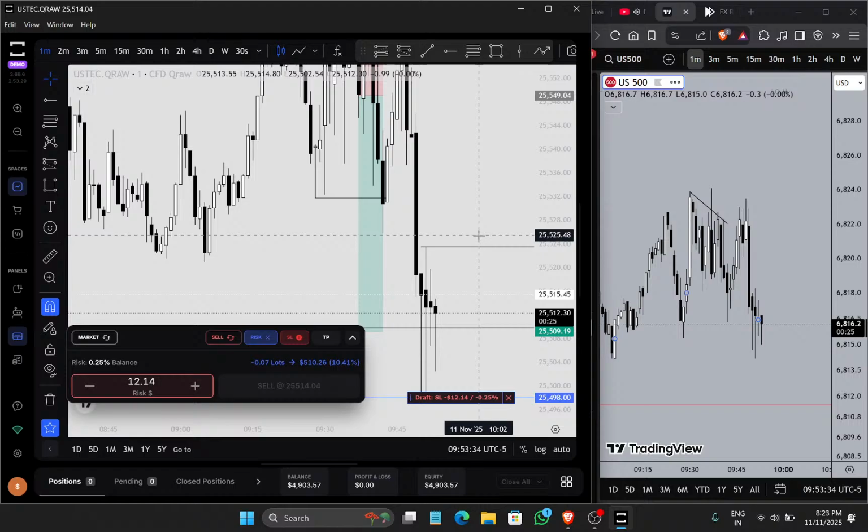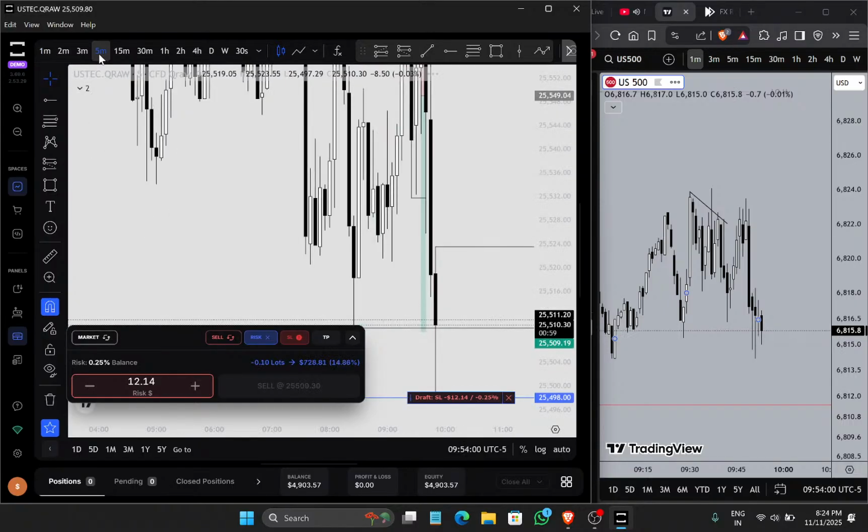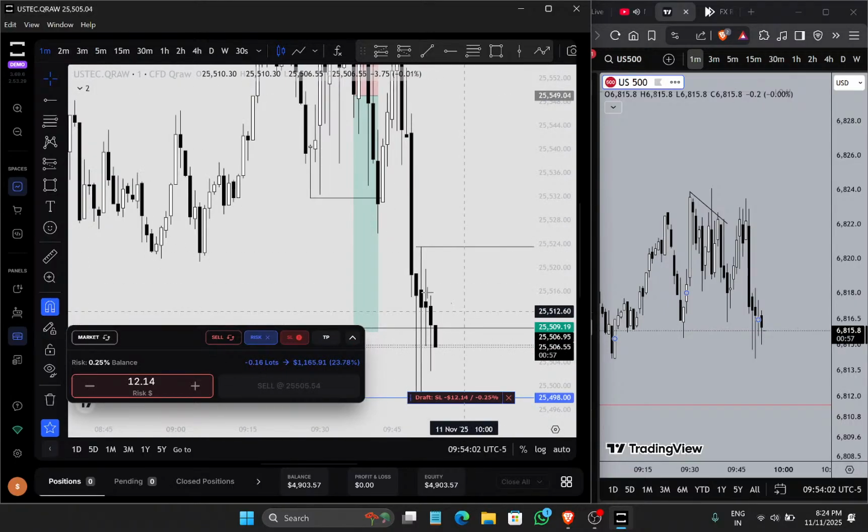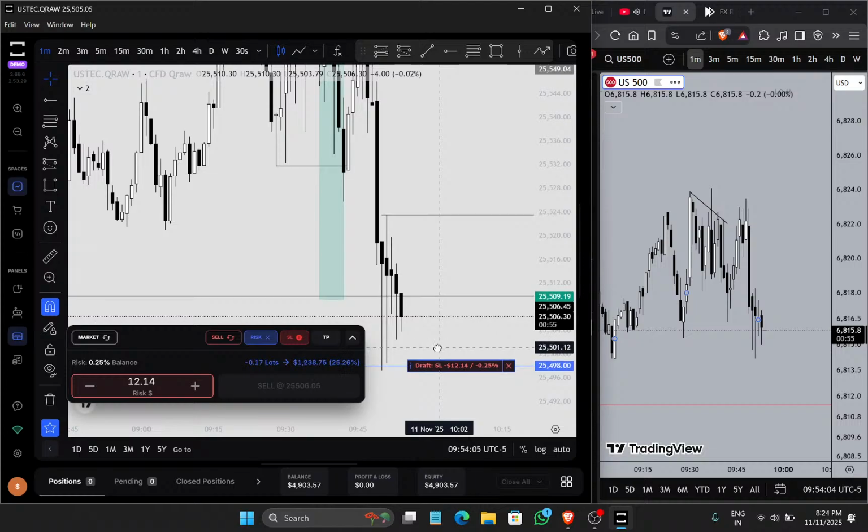Let's see. We are forming liquidity below the lows here.